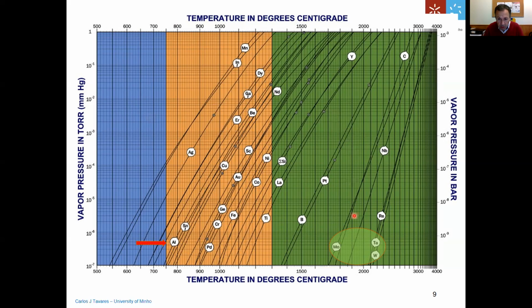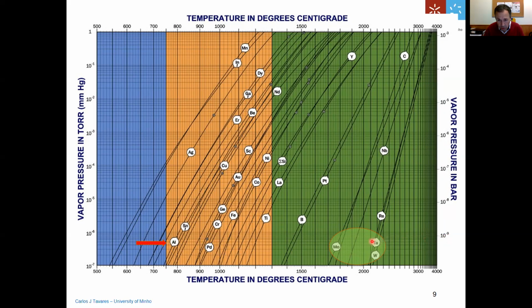Well, you can use a crucible made of molybdenum, tantalum, or tungsten, because for the same vapor pressure, they really have to be at different temperatures. In other words, if you want to evaporate aluminum, you just need to heat the crucible to a temperature of around 660 degrees C, or just slightly above it. Okay, and 600 degrees will yield a vapor pressure of aluminum of the order of 10 to the minus 9 bar.